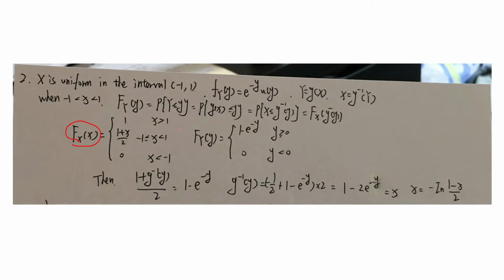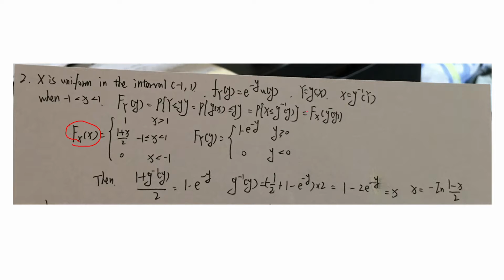When x is greater than 1, F_x(x) equals 1, and when x is between -1 and 1, it should be (1 plus x) divided by 2, and F_x(x) equals 0 when x is less than -1. And F_y(y) should be 1 minus e to the -y when y is greater than 0, and otherwise, when y is less than 0, F_y(y) should be 0.